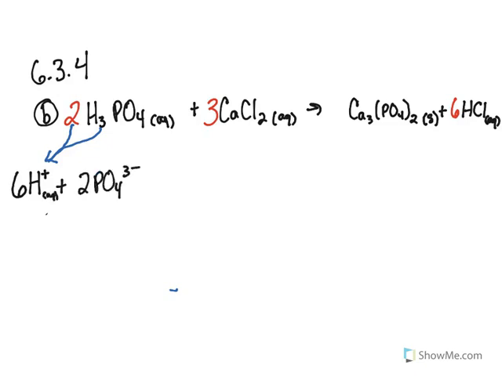Again, all of these are aqueous. Plus 3 Ca2 plus, 6 Cl minus. Again, 3 times 2 is 6, but only 3 times 1 is 3.